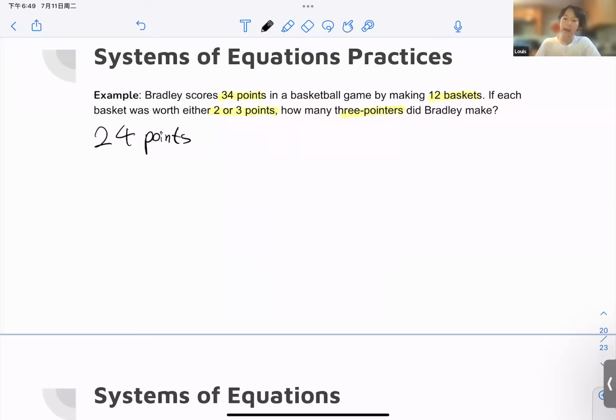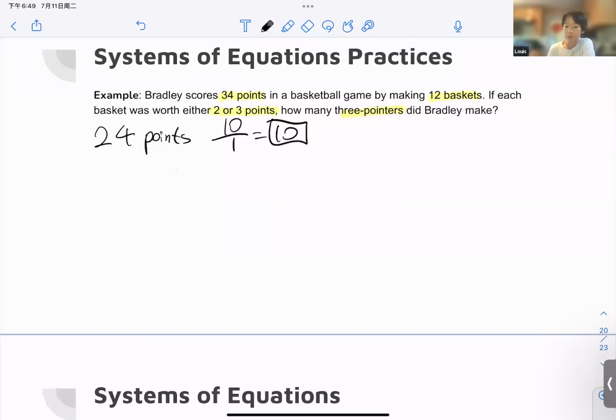And if we have 10 points to add, and for each 2-pointer, we can add 1 point to get a 3-pointer, so since there are 10 points to add, it's just 10 over 1, which is 10 3-pointers.